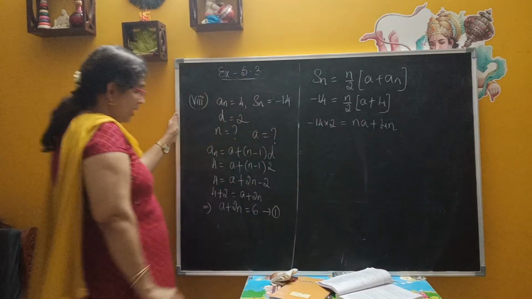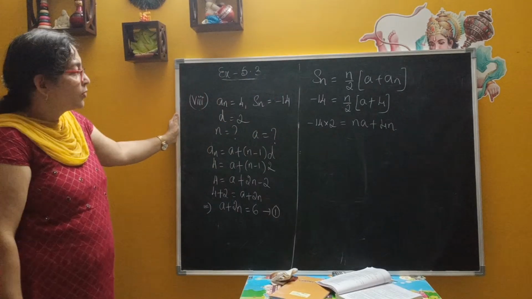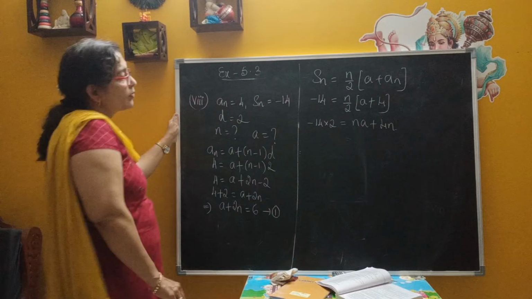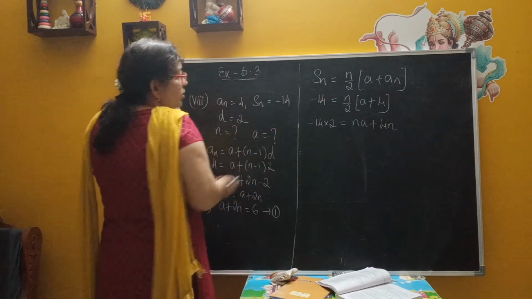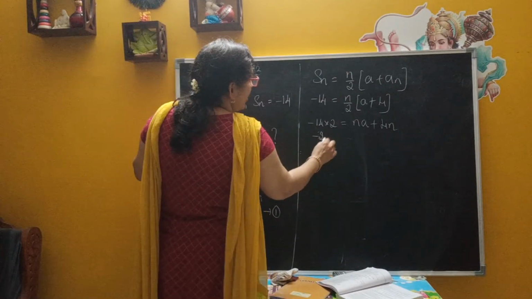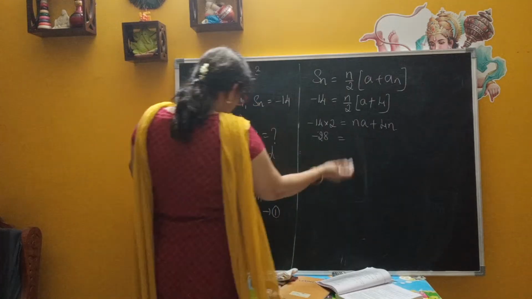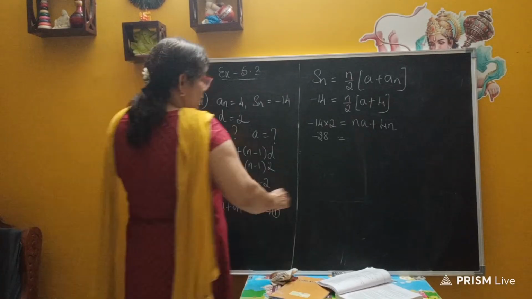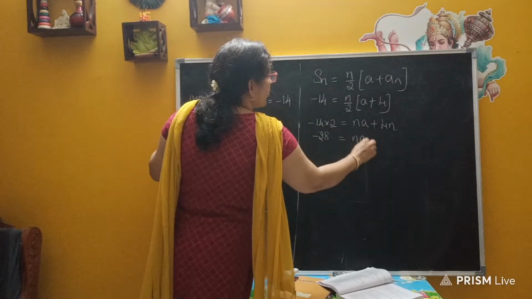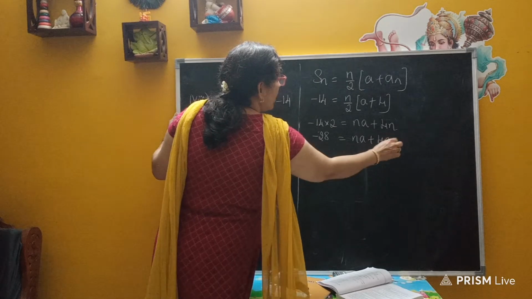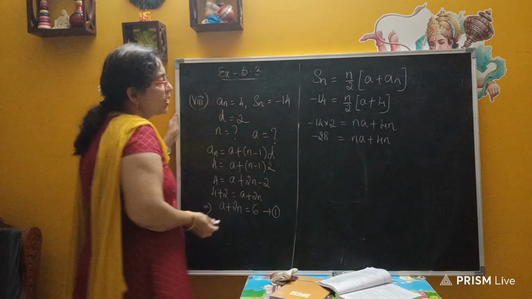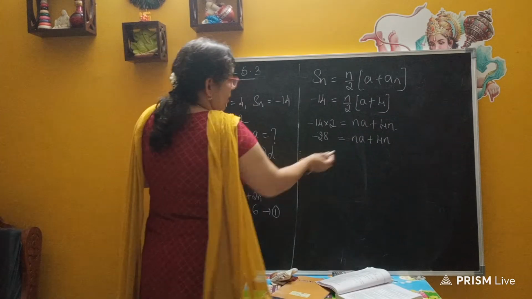So minus 28 is equal to n times a plus 4n.